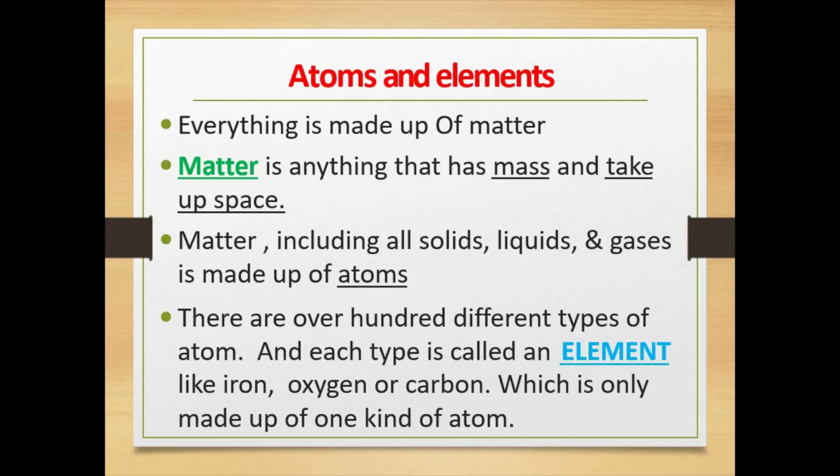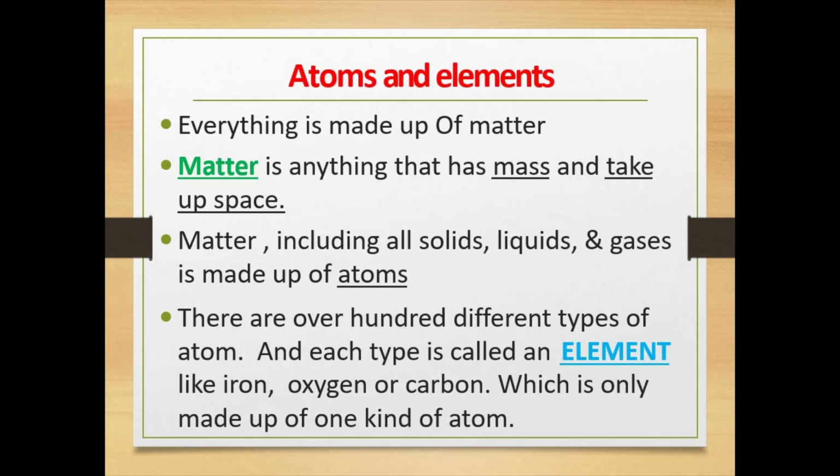Matter, including all solids, liquids, and gases, is made up of atoms, the smallest building unit. There are over 100 different types of atoms, and we can find them in the periodic table, and we call them elements. An element like iron, oxygen, or carbon is made up of only one kind of atom.